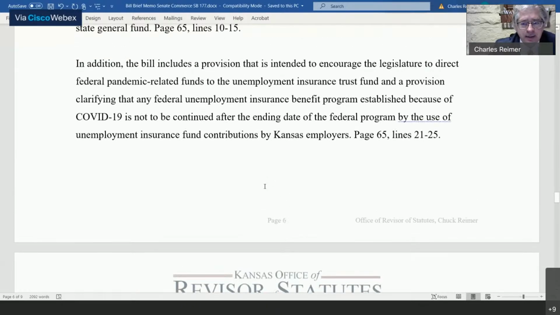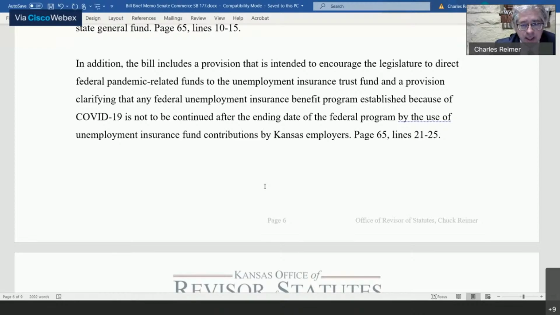There's a provision that basically is intended to encourage the legislature to direct any federal pandemic related funds, any future funds, to the UI trust fund. And that's just a statement of intent by the legislature.